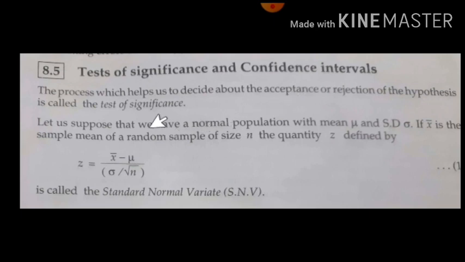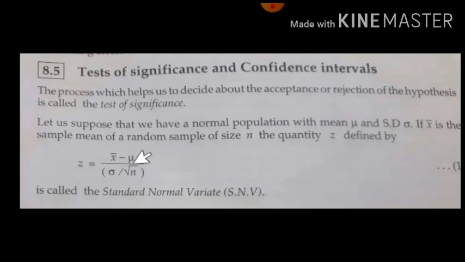Suppose we take a normal population, mu is the mean of the population and sigma is the standard deviation of the population. I am making you familiarize with these notations.